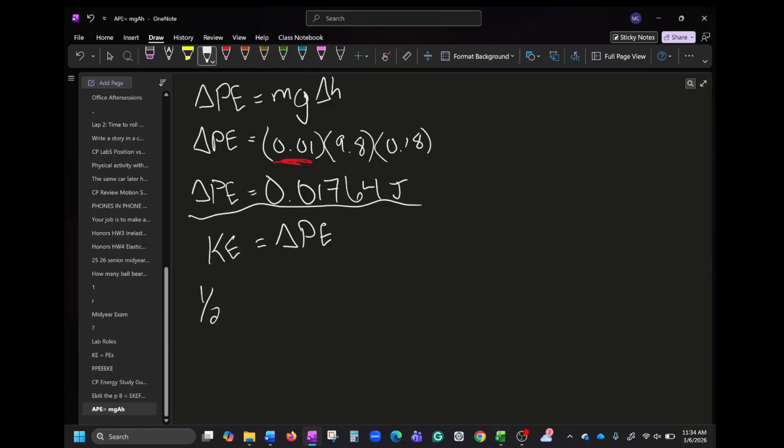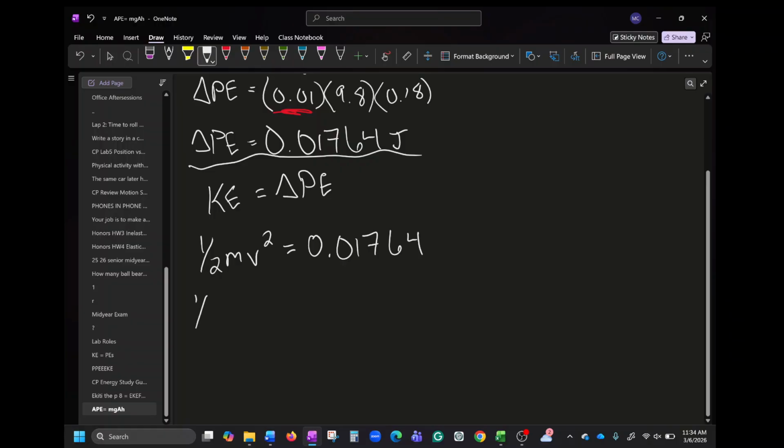So the kinetic energy formula being 1/2 mv squared, for this exact example, we're going to use the value of the potential energy that we calculated right above this, and we are going to use the same mass for the same ball, and that's 0.01 kilograms. So 1/2 times 0.01 times v squared equals 0.01764.